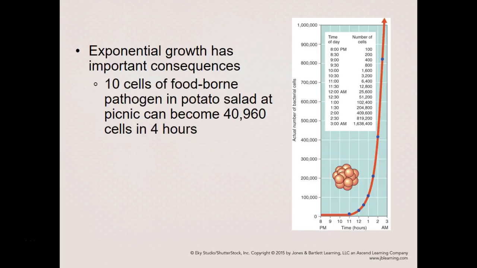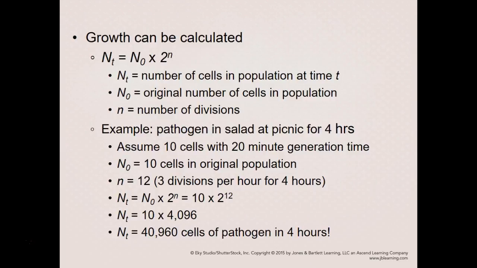And that's normal for us. That's what we do. But it can be potentially dangerous because bacteria can grow on food, and they can double in numbers. And that can cause problems. So 10 cells can become 40,000 cells in a period of just a few hours. So how does that work?